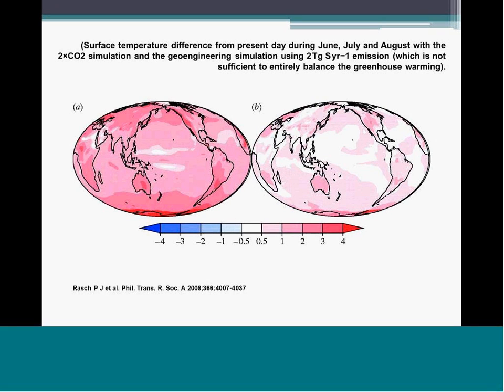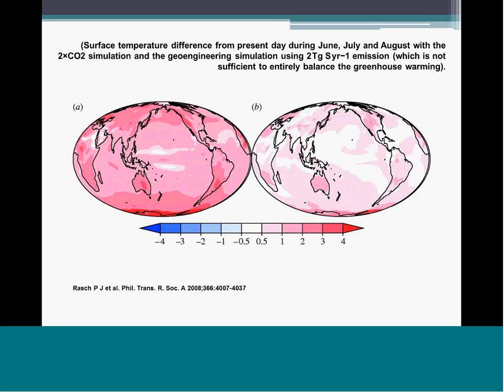Another potential negative impact from this approach is in terms of ozone depletion. Because this approach would cool the stratosphere by deflecting more incoming radiation back out into space, it accelerates the breakdown of the ozone layer by the ozone depleting substances that we find in the atmosphere, and it is estimated that it could substantially diminish the ozone layer in the Antarctic vortex.